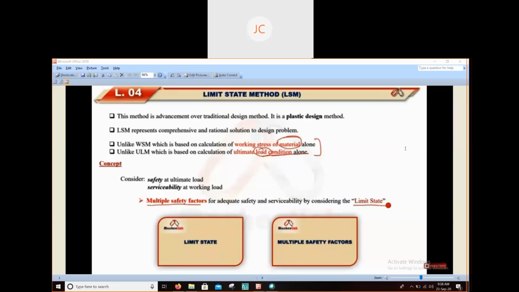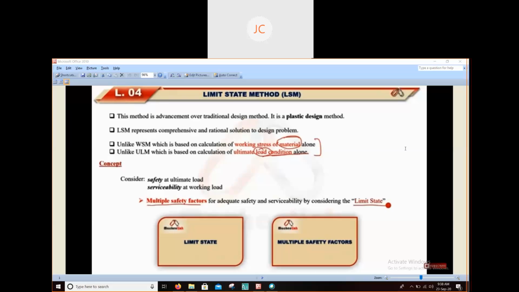That is our first criterion in limit state method. And the second criterion is, after this step, the structure must give you satisfactory performance during its lifetime. So these are the two criteria in limit state method.